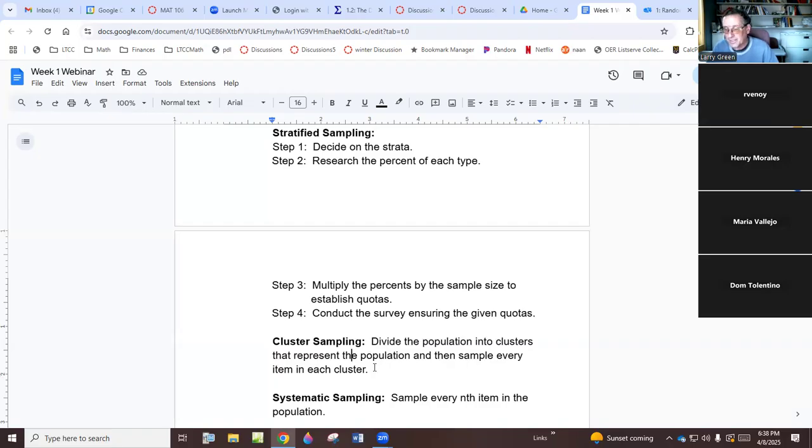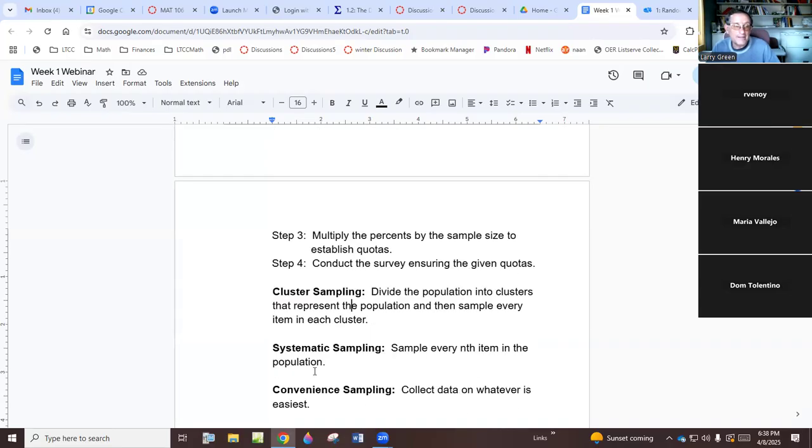Okay, that's cluster sampling. Then there is systematic sampling. Systematic sampling, in definition, is sampling every nth item in the population. So let's suppose you're a manager for a Safeway supermarket and you want to find out how long people spend in your supermarket.